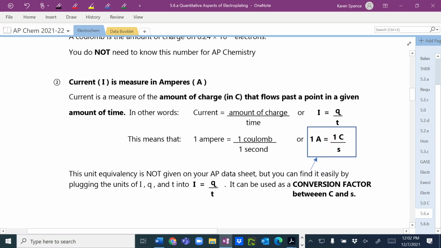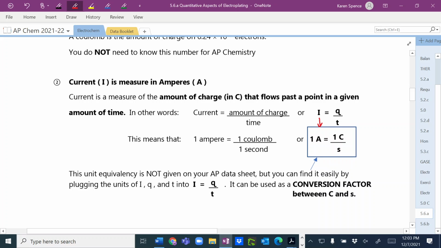Current measures the amount of charge, Q, measured in coulombs, that flows past a point in a second. Yes? So you have I equals Q over T. If you plug in your units for that, you get 1 ampere is 1 coulomb per second. And guess what we have here?